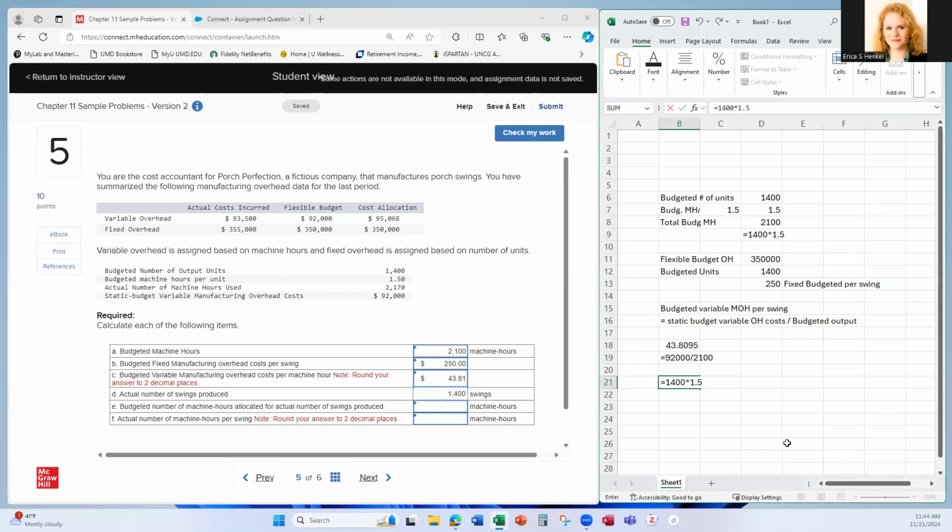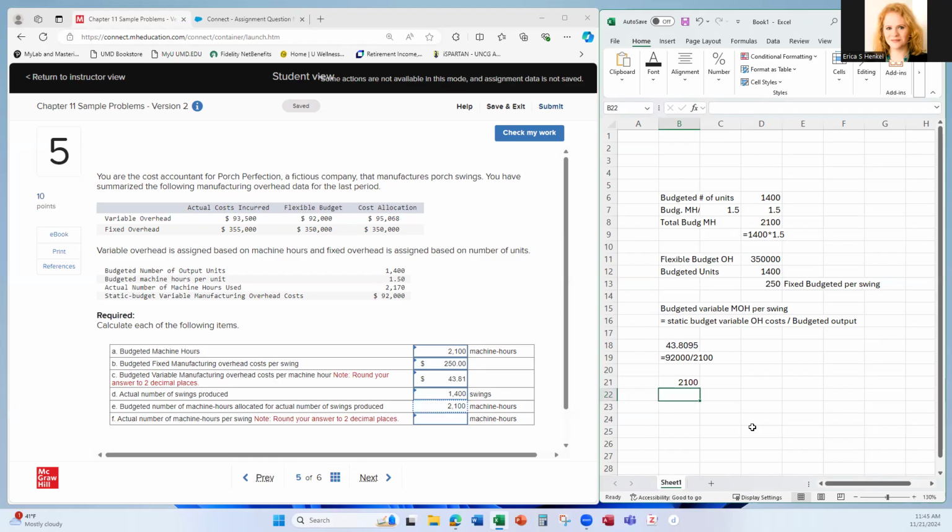Since the actual number of swings was produced, it's still going to be the same. If the actual amount was different from the budgeted amount, then we would take whatever the actual amount was times the 1.5, and that would get us the flexible budgeted amount.